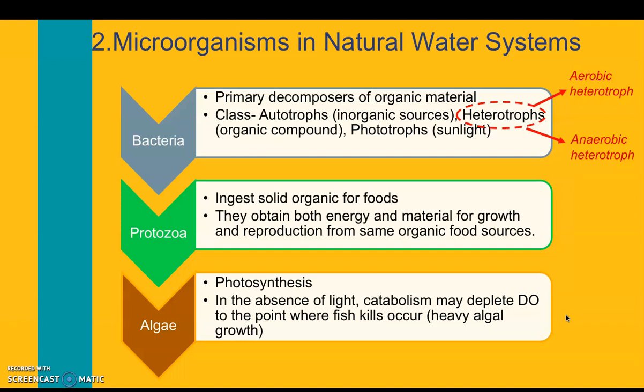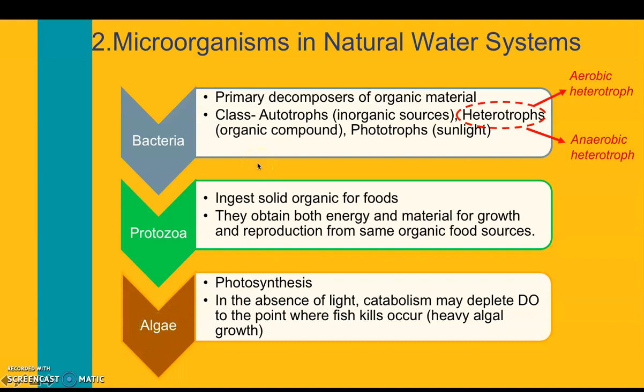Before we go to the dissolved oxygen, we have to know what kinds of microorganisms exist in the water. The most common and significant microorganisms in the water are bacteria, protozoa, and algae. We will go to the first one, which is bacteria.